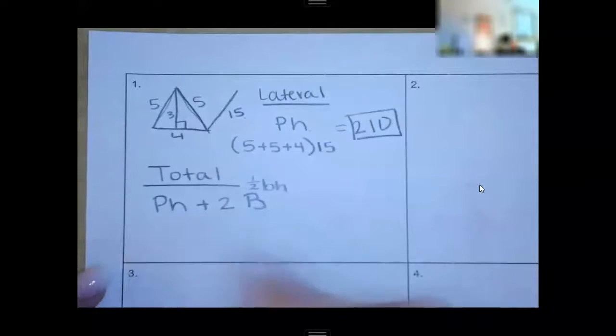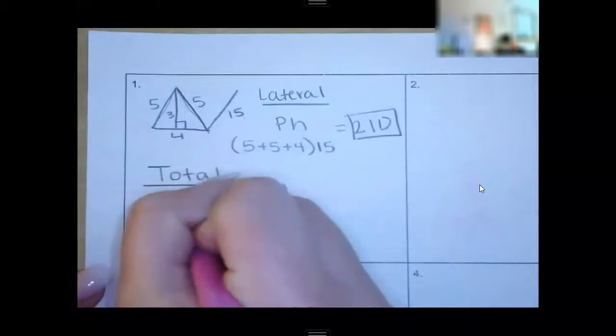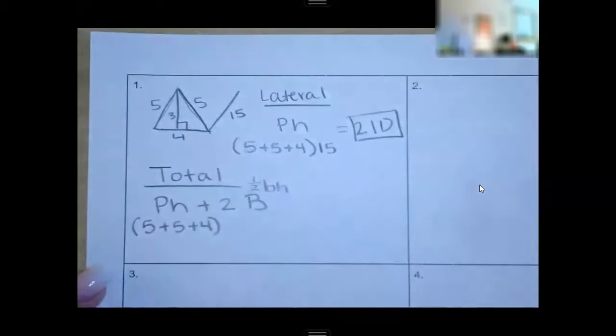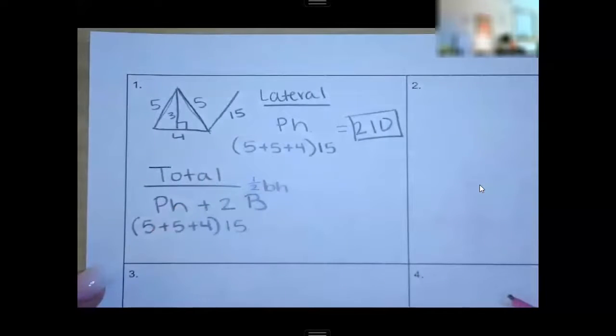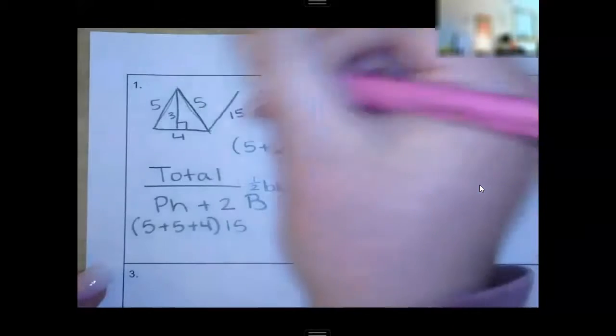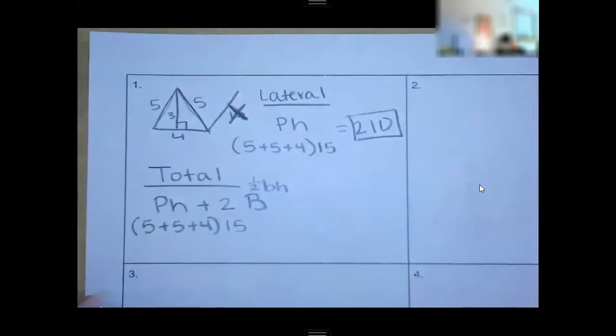So big P, that's perimeter of the base, so adding up the outside sides. So 5 plus 5 plus 4 times the height of the prism, which is 15. After you write that 15, when you're doing total, I want you to come up here and put a big X on it. You're not using that number again.